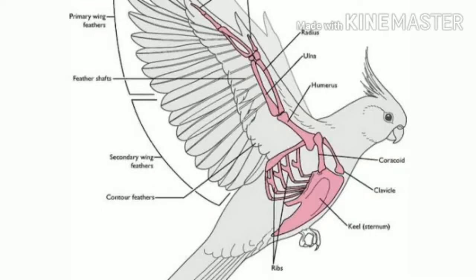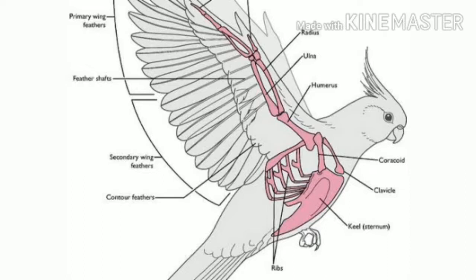They have some special features that are: 1. They have a light body. 2. The bones are light in weight and are hollow. 3. They have 2 wings and 2 legs. 4.